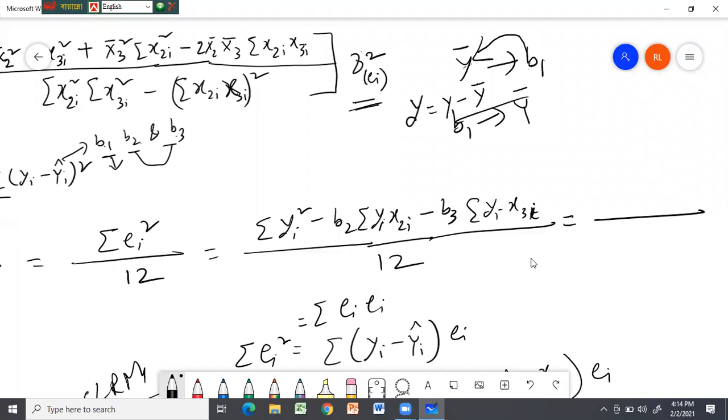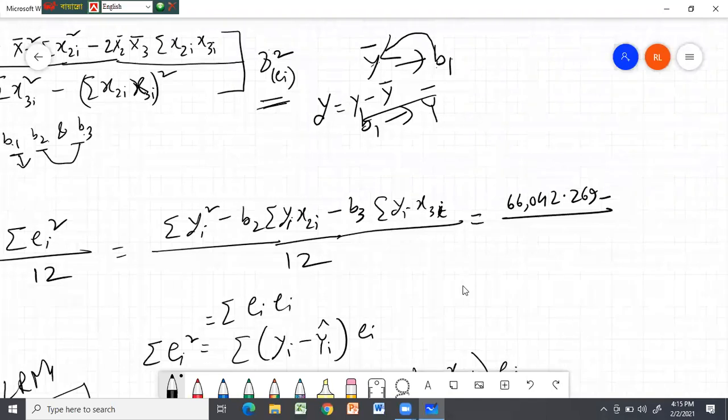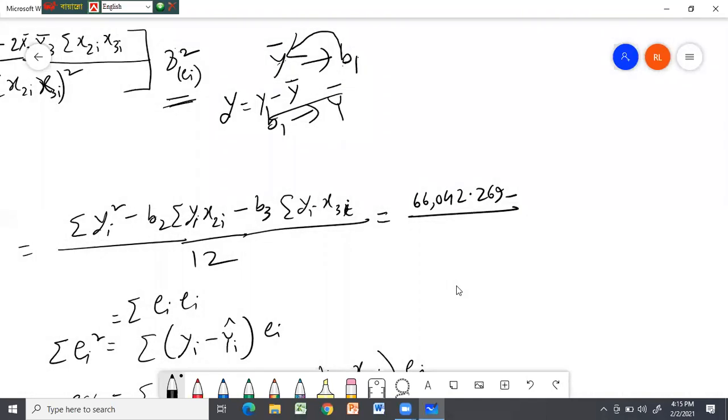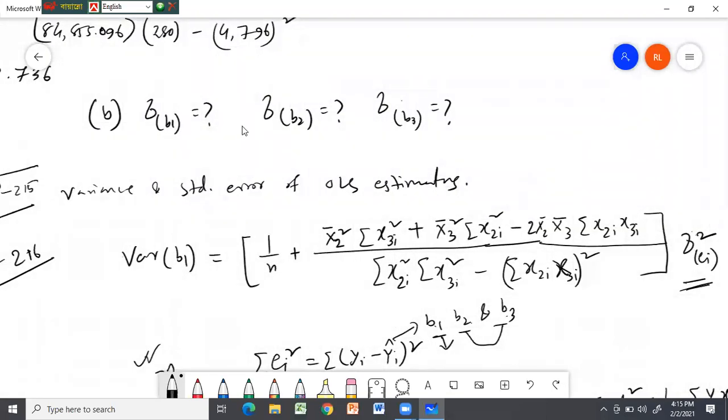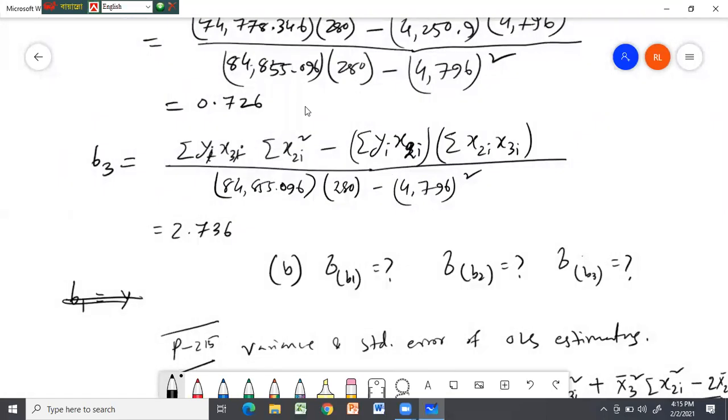Sum of yi square is given, see what value is given and put it in accordingly. Sum of yi square is given as 66,042.269, and then minus your B2, which has been calculated. What was the B2 value? B2 is 0.726.